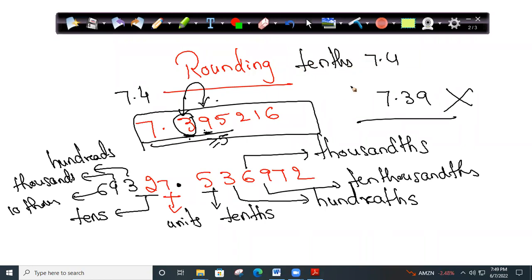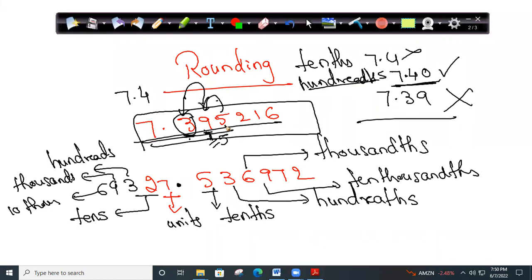If I need to round off to the nearest hundredths, the 9 rounds up and adds 1 here, so this also becomes 7.40. You should mark 7.40, then only it is correct. If you write 7.4, it is wrong. 7.40 is rounding to the nearest hundredths.